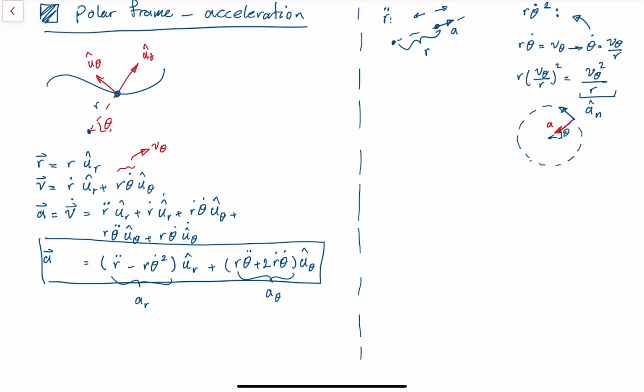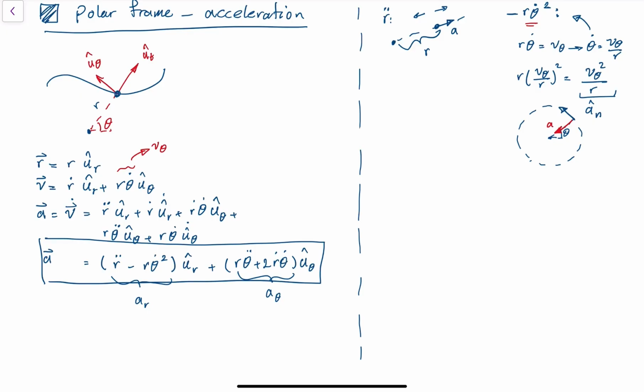In the normal tangential frame, we called it v squared over radius of curvature. It's the same thing but with a different set of variables, including theta, but it is a centripetal acceleration pointing toward the center of the curve, or the origin. And because we have assumed our radial component to be outward, the term is actually negative, so it is in the opposite direction of the positive radial component.